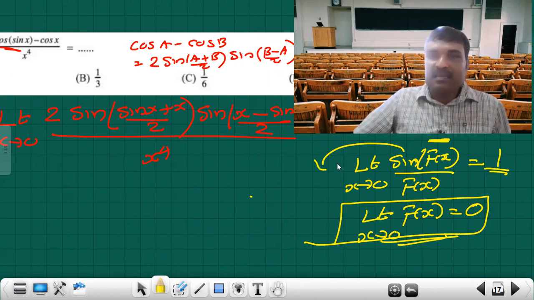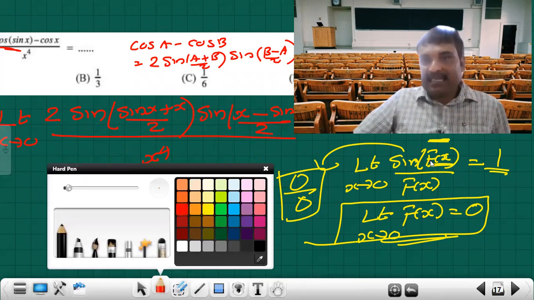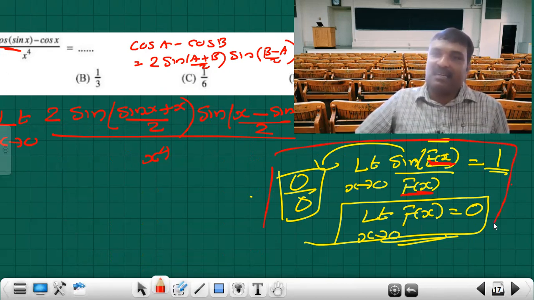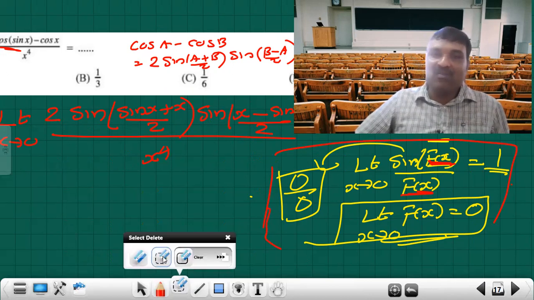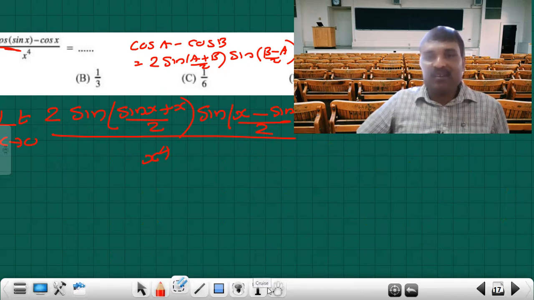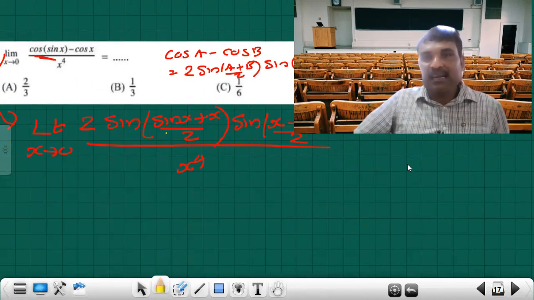If the limiting value of f of x is 0, then this becomes a 0 by 0 form, with f of x the angle. Sine of the same angle divided by the same angle, the value of the limit is 1. We are going to apply this trick here. Since the angle is given in terms of a function, when x tends to 0, the angle is (sin 0 plus 0) by 2, which equals 0.